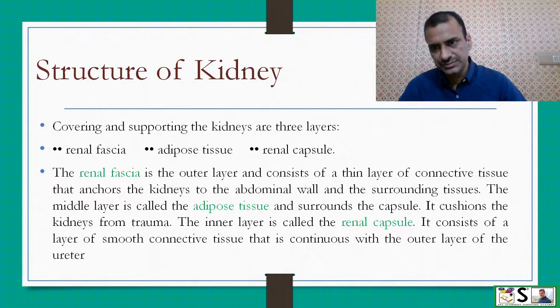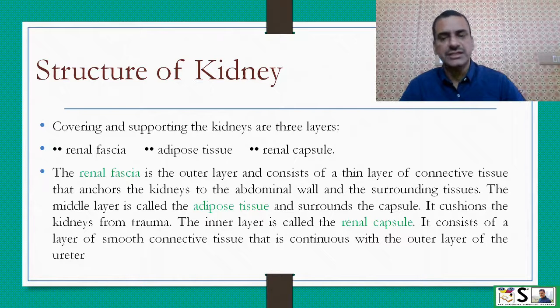Structure of the kidney. The covering or supporting structures of the kidney are made up of three layers: renal fascia, adipose tissue, and renal capsule. The renal fascia is the outer layer and consists of a thin layer of connective tissue that anchors the kidney to the abdominal wall and surrounding tissue, meaning it holds it in place.